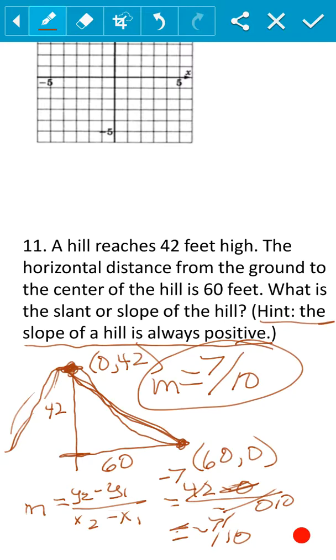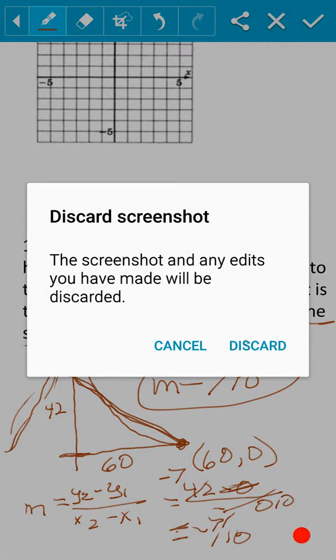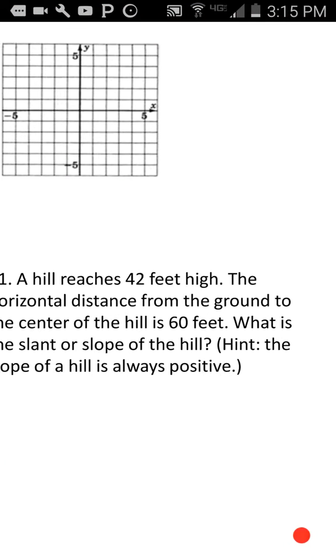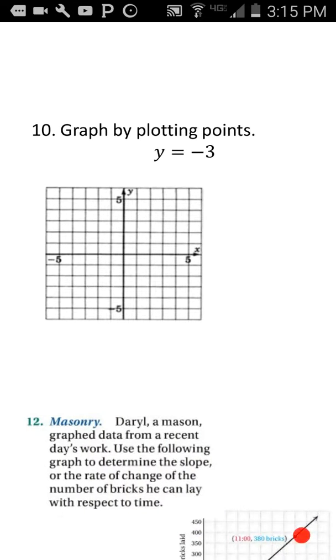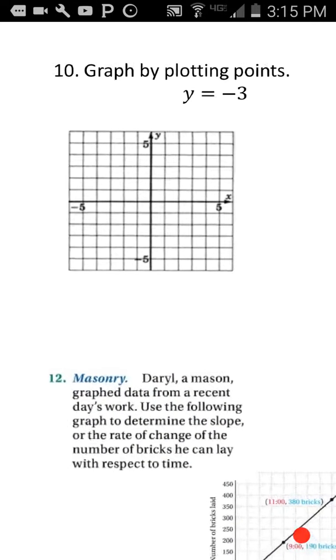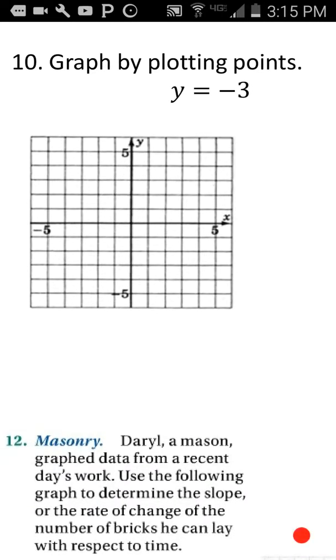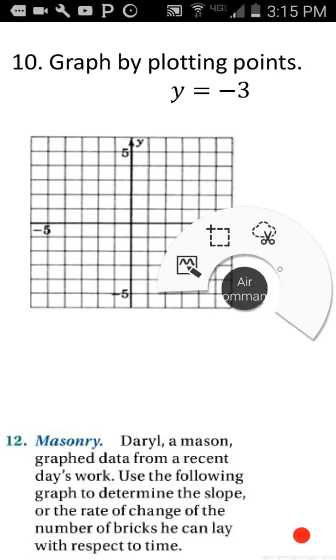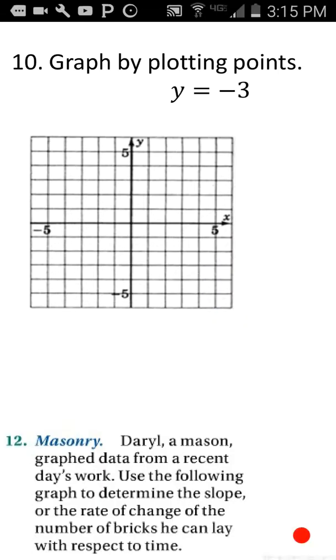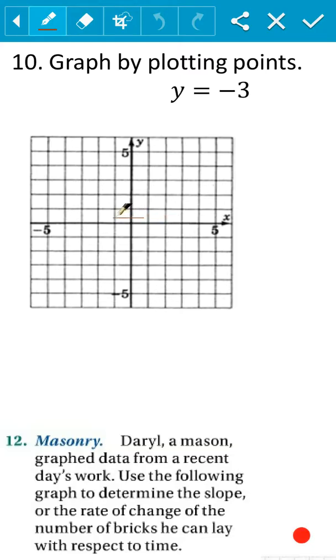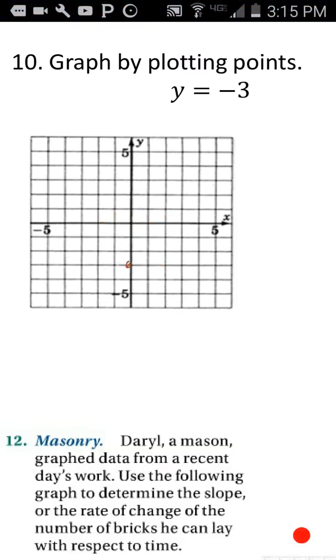And then let's go on to the next two problems. Here we have a graph by plotting points, and this one's very easy because y is equal to a number, and we have already talked about how when y is equal to a number, let's plot y equals -3.